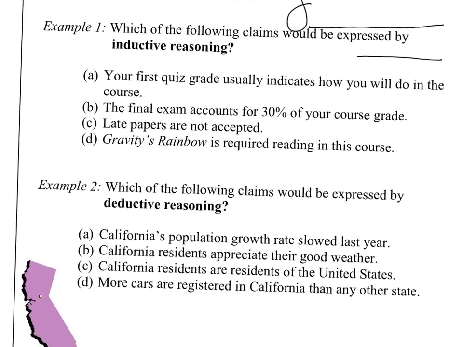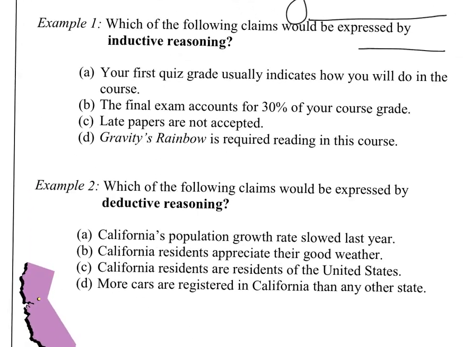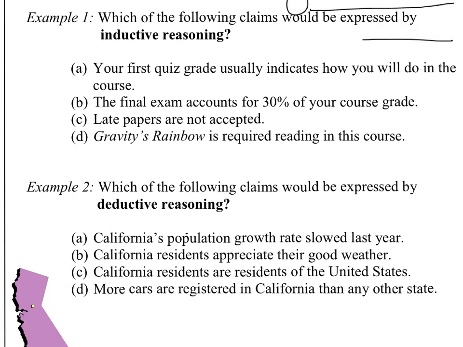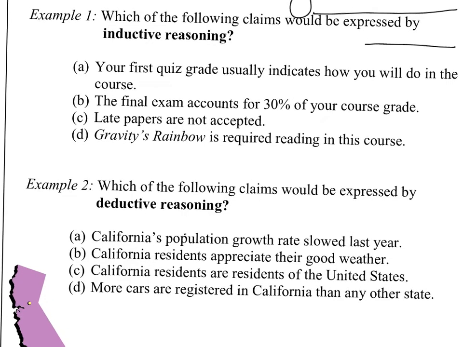All right, so let's look here. Which of the following claims would be expressed using inductive reasoning? So remember, we just talked about inductive reasoning is noticing a pattern, visualizing something for yourself, or an observation. So, here we go.